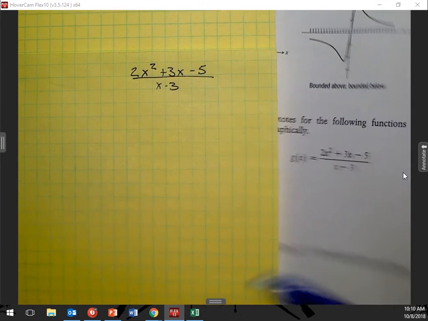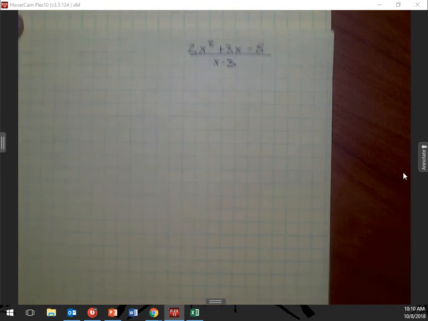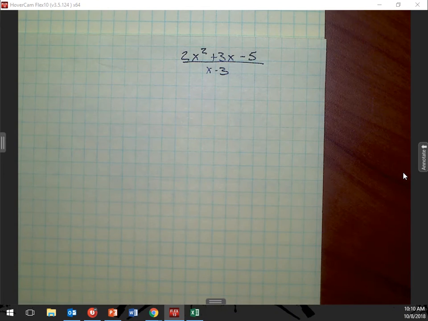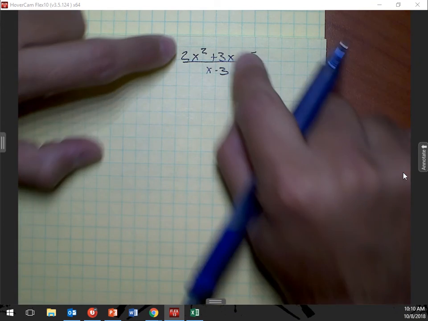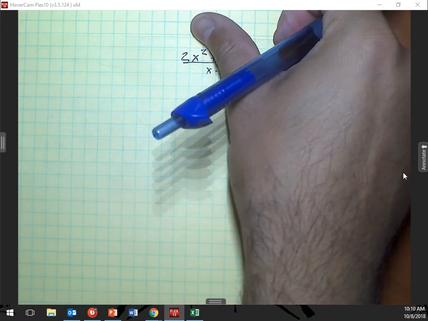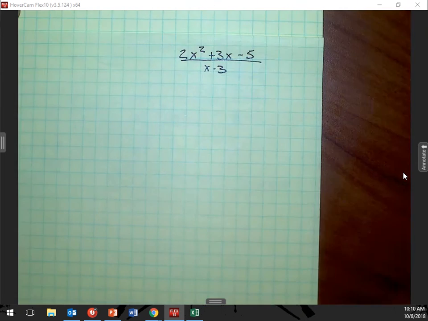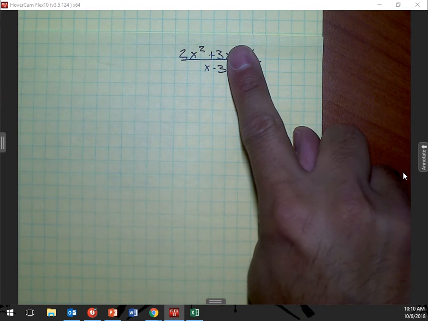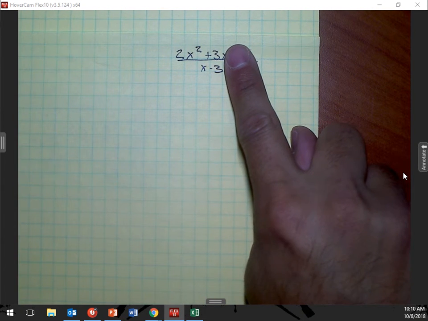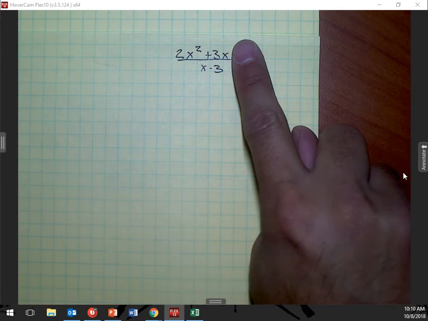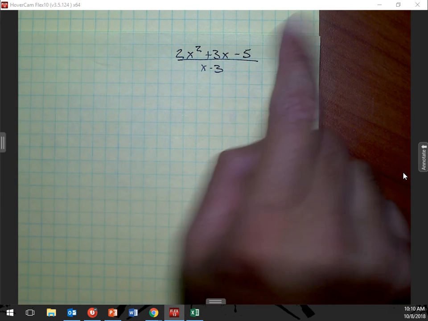All right, so I'm looking at this one here. So now let's take a look. Start with my degrees. To my degree, which one's bigger? The top's bigger. So that means that it goes up to something, right?